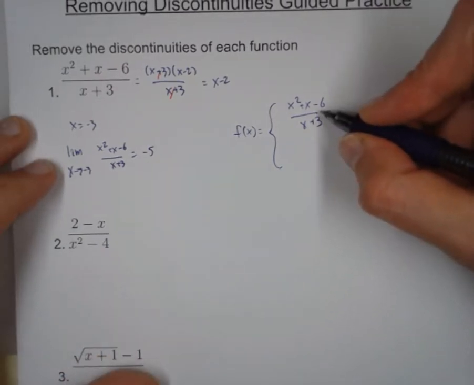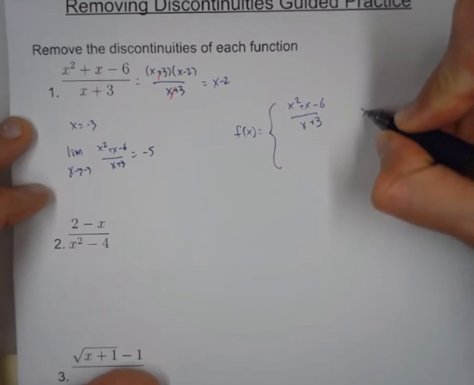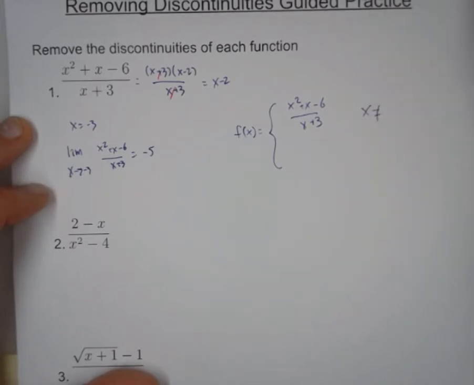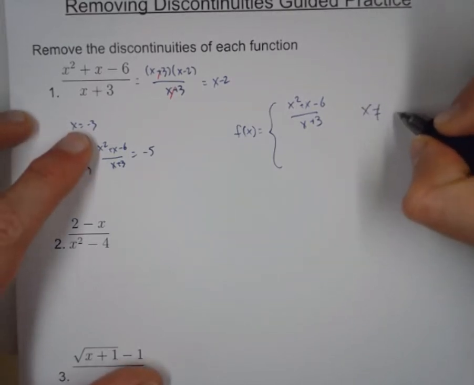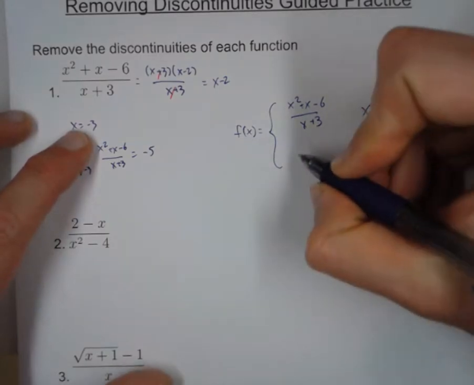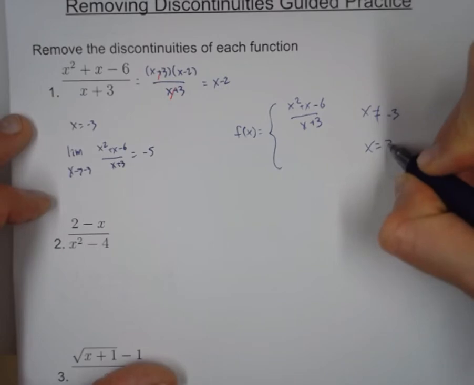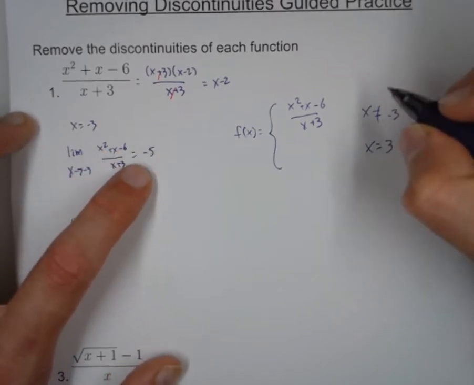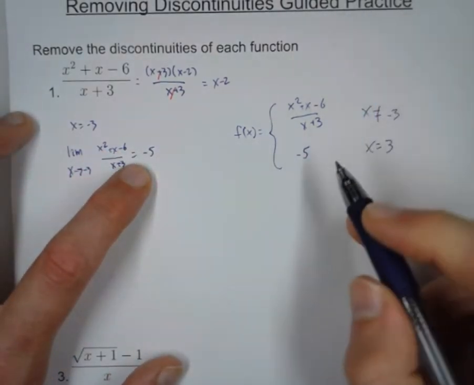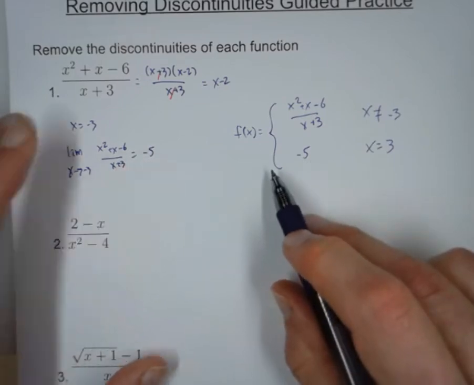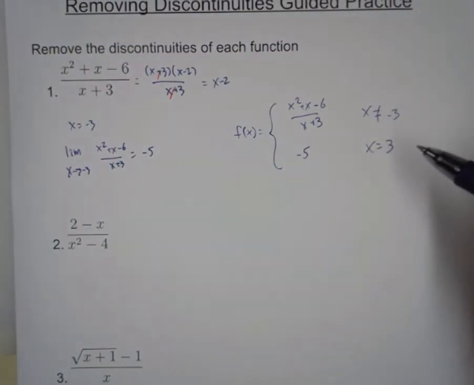And then this function exists at every location except where it's not continuous, which we identified was negative 3. And at the place where the removable discontinuity takes place, we assign it this limit. So now this limit and this y value will exist, and now writing it this way makes it continuous.